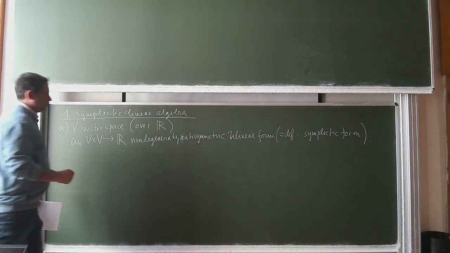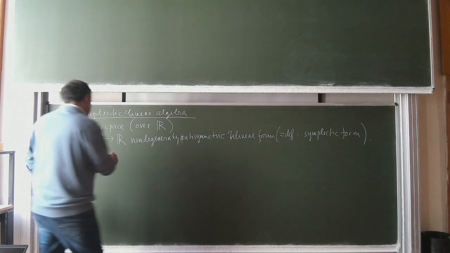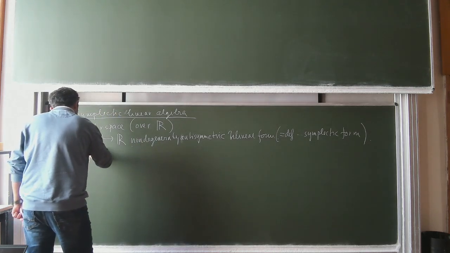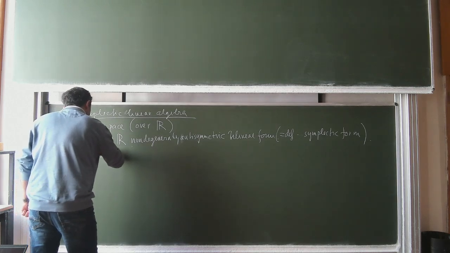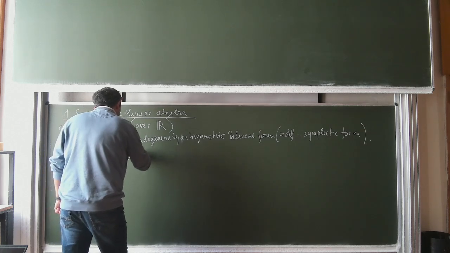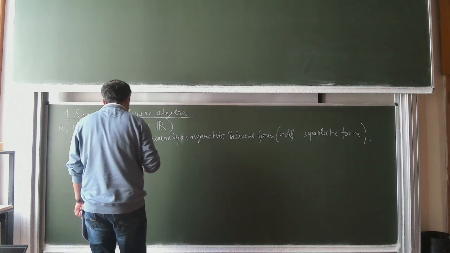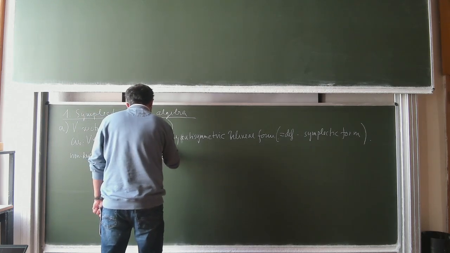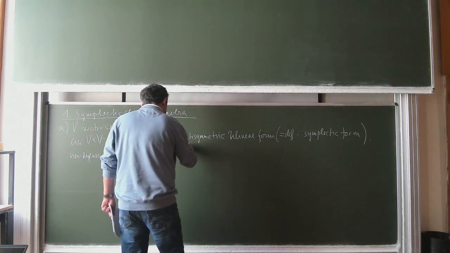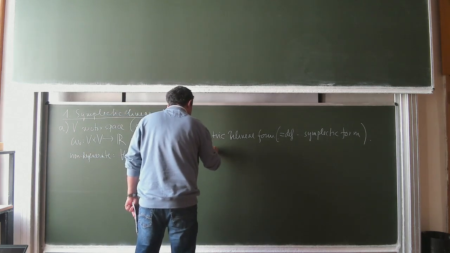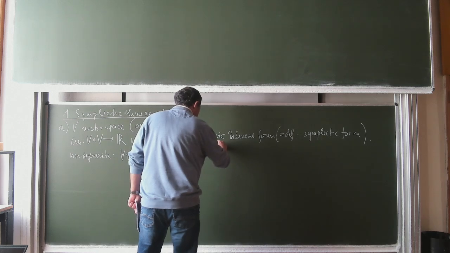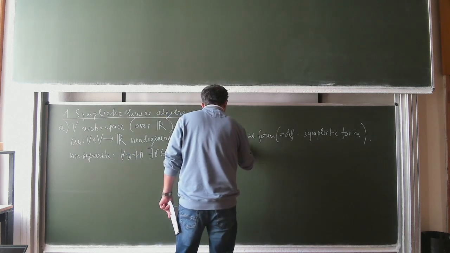What does non-degenerate mean? For any u not equal to 0, there exists v in V such that omega 0 of u, v is non-zero.